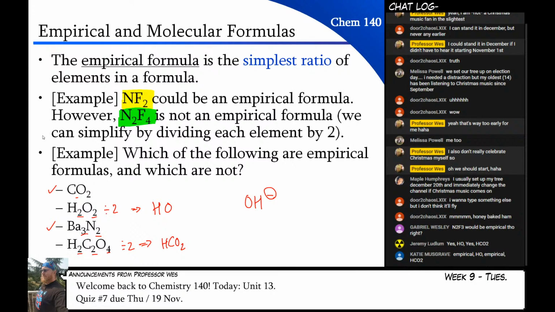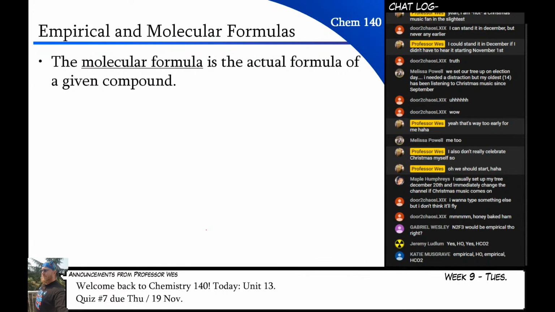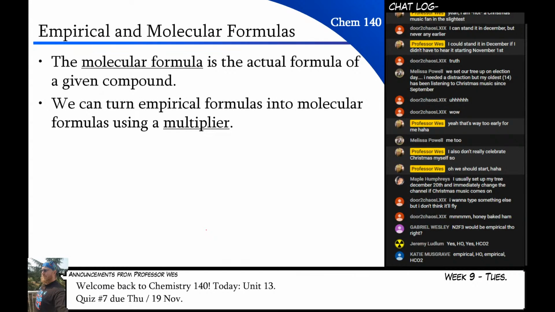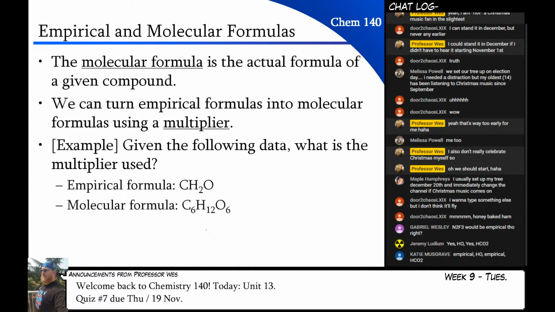All right. Now, how do I relate the empirical formula to the actual formula? The actual formula of a molecule is called the molecular formula because it's the formula for the molecule you're looking at. The relationship between the empirical formula and the molecular formula is given by a multiplier: what number do I have to multiply by in order to get the molecular formula?